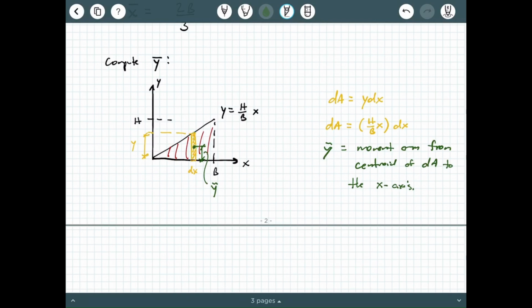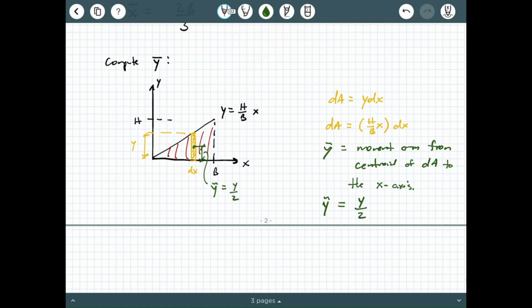Well, if you're looking at this little bitty slice, what do you think y tilde is going to be? It's going to be the mid-height of y. Think about that. I keep saying y bar, I mean y tilde, I'm sorry. Y tilde is equal to y over 2, okay?